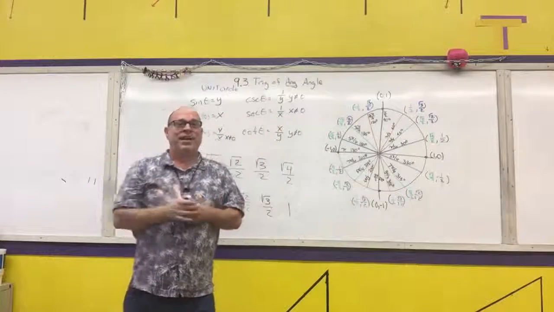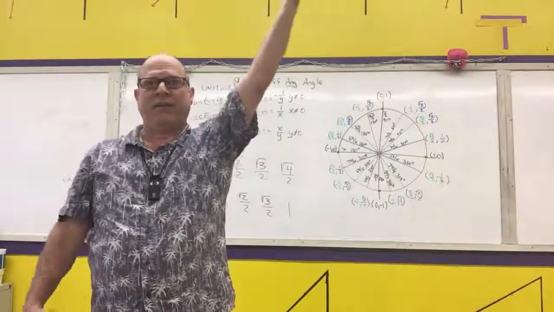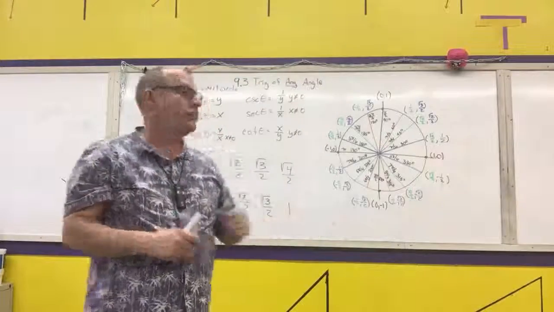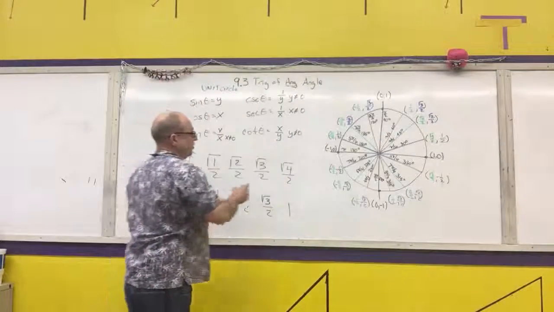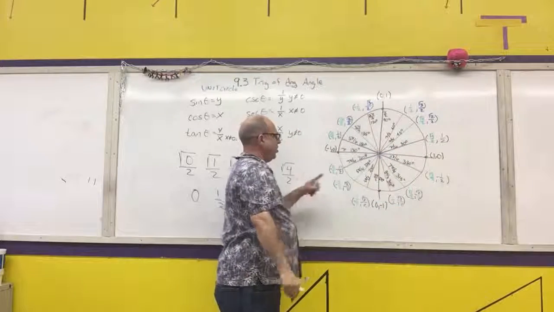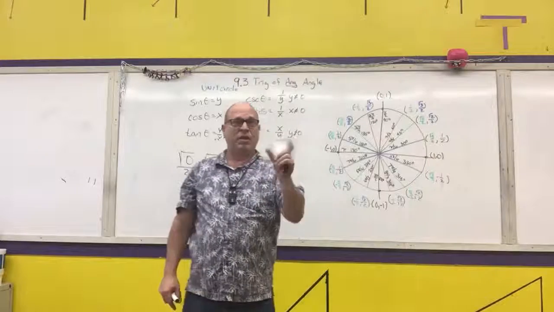This is where I use my arm to figure out these values. I figure out where my arm is, and whether x is the short or the long side. If you notice here, the square root of 2 over 2's always go together. And then you always have a 1/2 paired with the square root of 3 over 2. 1/2 is small.